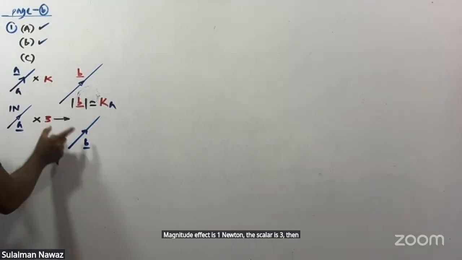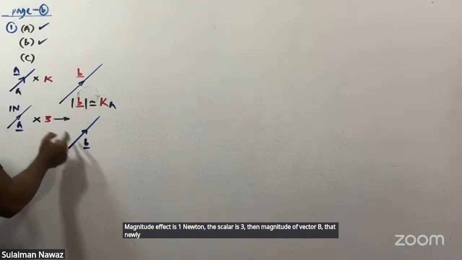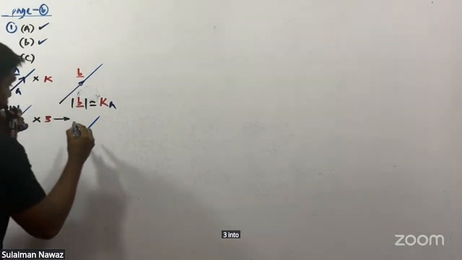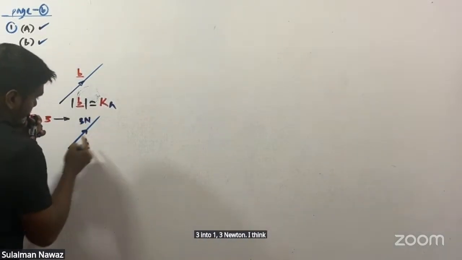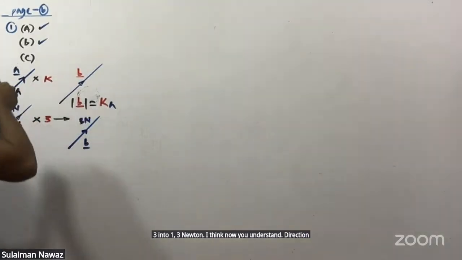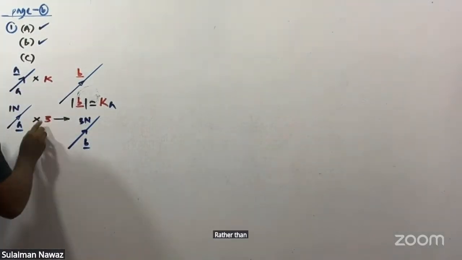Then the magnitude of vector B, the newly formed vector, must be 3 into 1, which is 3 Newton. I think now you understand. The direction is the same as the previous direction, because this scalar is a positive value.